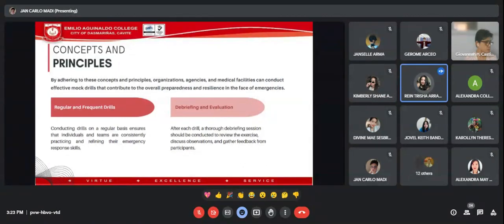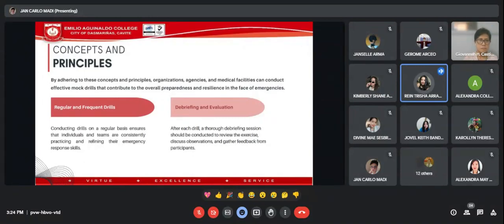So, yung announced drills po, kinoconduct to for new rules and parang kung ano po yung bagong susundin natin or policy ng isang institution. And dito rin po, kailangan frequent natin tong gagawin para kapag dumating yung sakuna, lagi tayong handa sa kung ano man yung mga pwedeng mangyari.